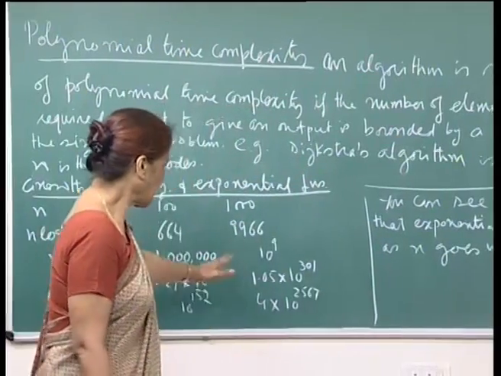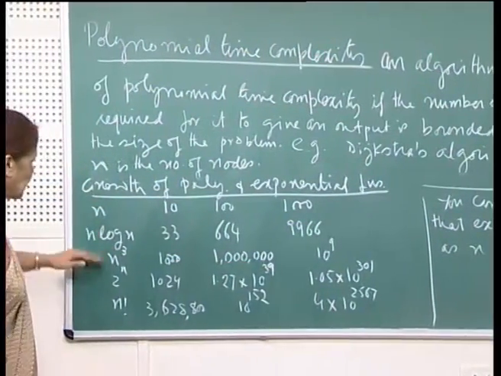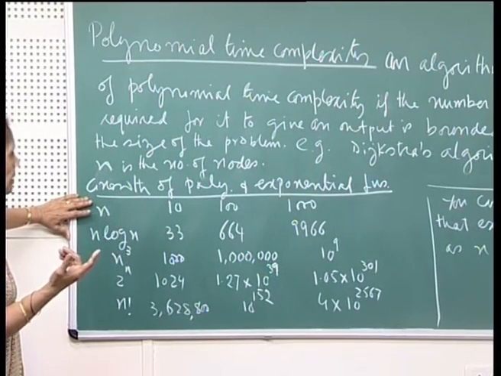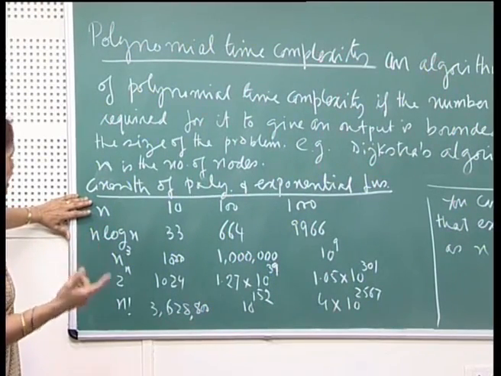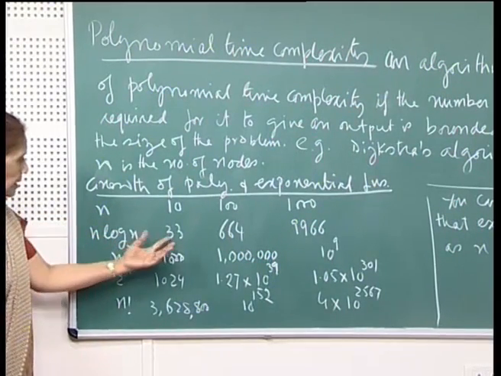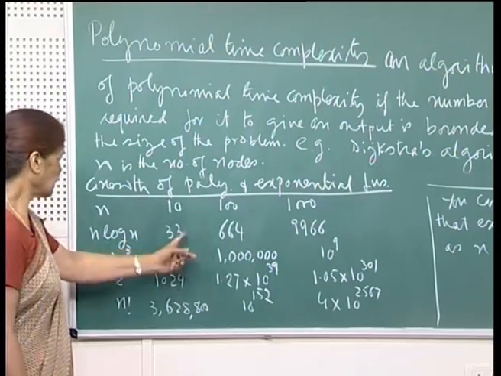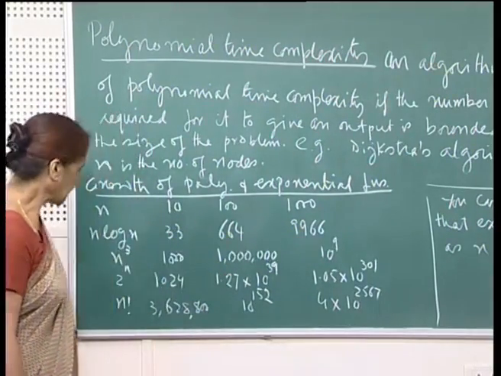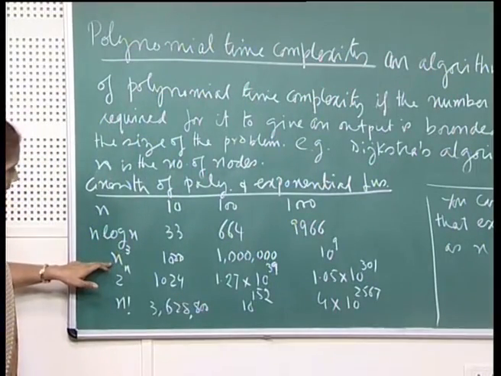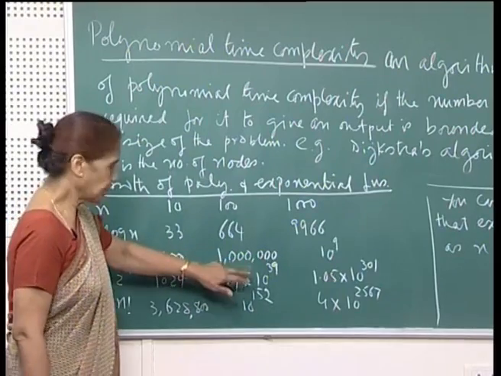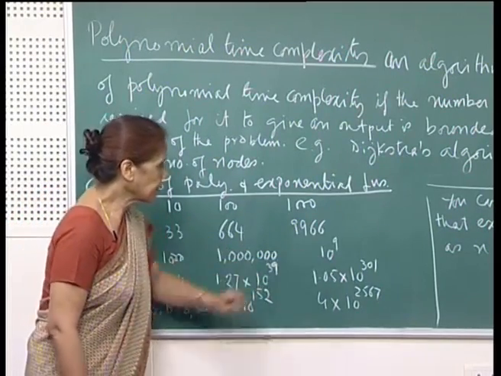You can see by this chart, I have just given you a small chart here to show you the comparison of the growth of polynomial and exponential functions. If you take n to be 10 for example, then n log n would be 33, and the next entries are 664 and 9966. If we look at n cube, that again is still reasonable: 1000, then 100,000, 1 million and 10 raised to 9.